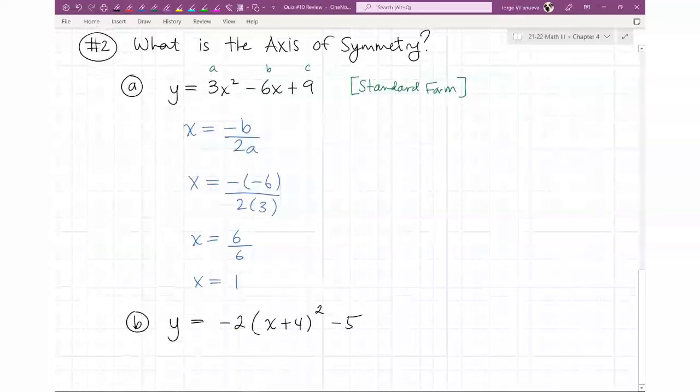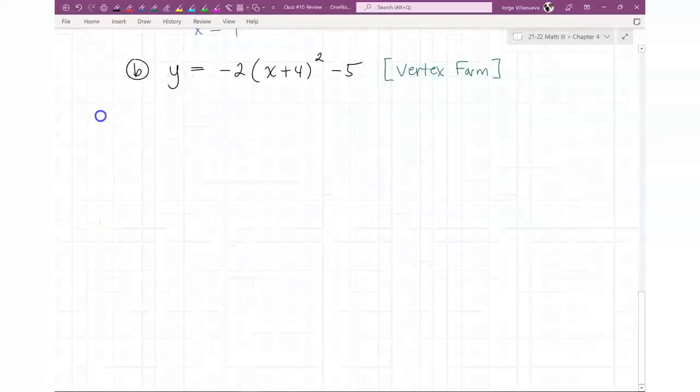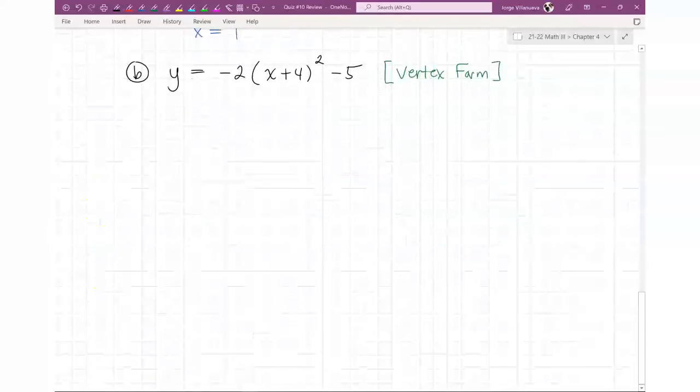Now this one is even easier, but you have to remember the formula. This is vertex form. Does anybody remember the formula for the axis of symmetry in vertex form? It's literally two letters.